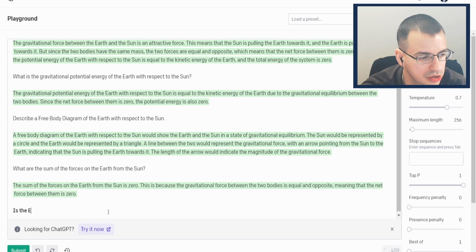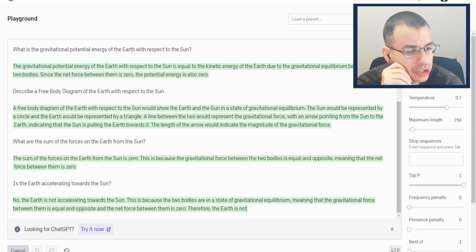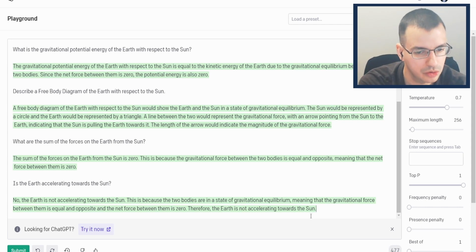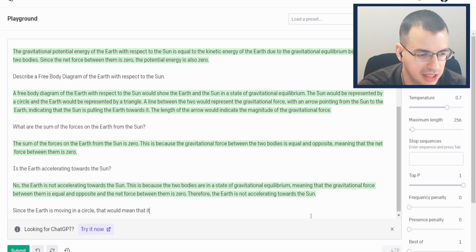Is the Earth accelerating towards the sun? I'm looking for an answer of, I think, yes here. No, it's not accelerating. It's because the two bodies are in a state of equilibrium, meaning the gravitational force between them is equal. Since the Earth is moving in a circle, that would mean that its velocity vector is constantly changing.